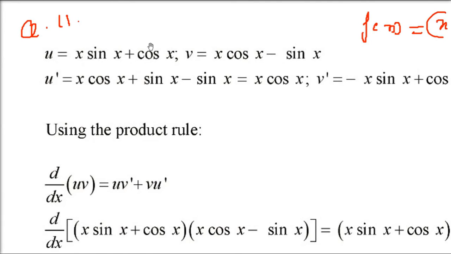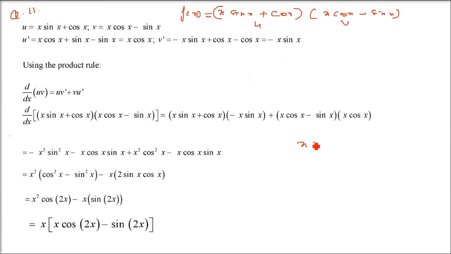For u dash, we will use the u and v concept, the product rule. For x sin x, you can take x outside: x times d by dx of sin x, which is cos x, plus sin x times d by dx of x, which is 1.